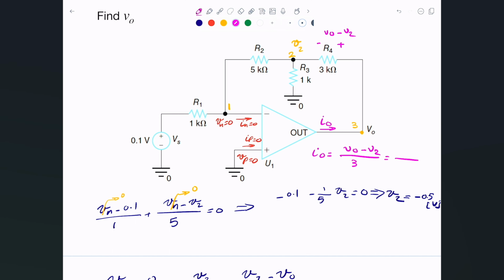V0 happened to be negative 2.3, minus negative 0.5, divided by 3 kilo ohms, the exact resistor in here, and that will be negative 0.6 milliamps, and that's how much current is leaving the operational amplifier.